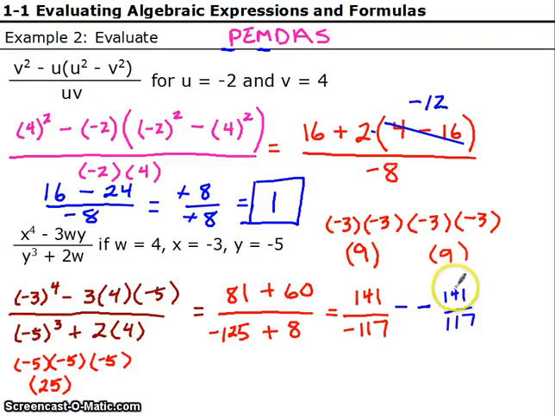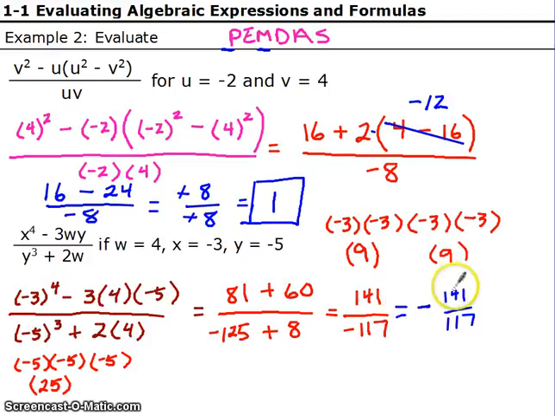So 1 plus 4 is 5, 5 plus 1 is 6. 6 is divisible by 3, so I know that 141 is also divisible by 3. For 117, 1 plus 1 is 2, 2 plus 7 is 9. 9 is divisible by 3, so I know 117 is divisible by 3 as well.